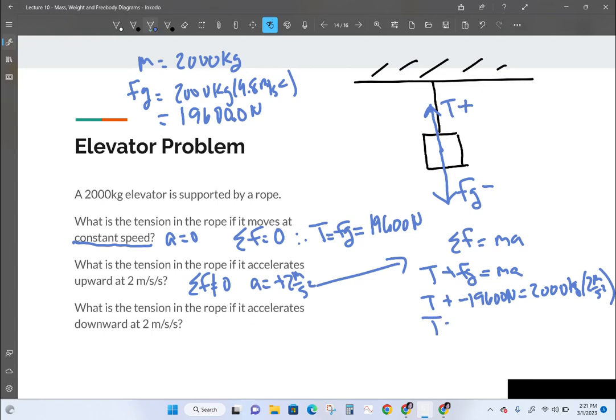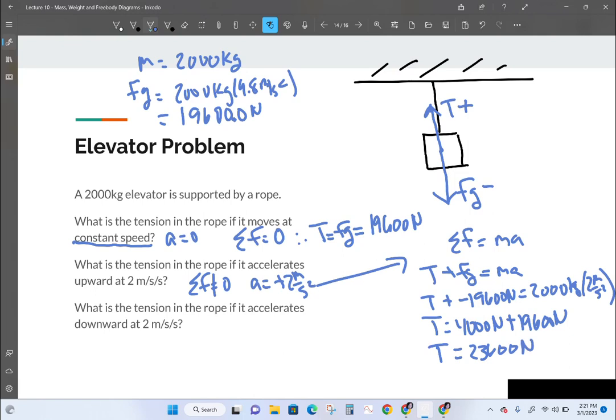So T is going to be equal to 4,000 newtons plus 19,600 newtons, and T will be equal to 23,600 newtons. Now, does that make sense?